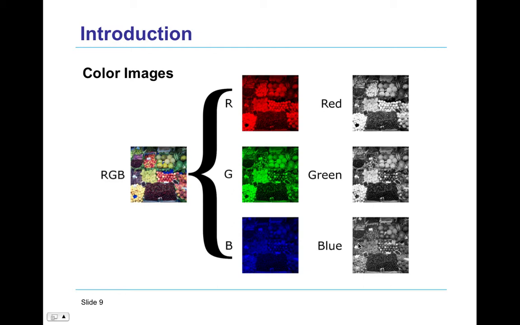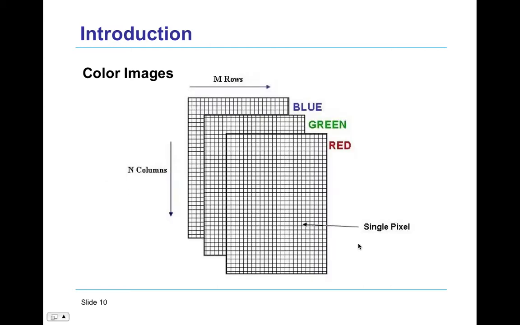It is important for us to know that because we're going to handle this type of data now. The data we're going to be working on are 3D matrices with M rows and columns and three dimensions on the depth: red, green, blue.